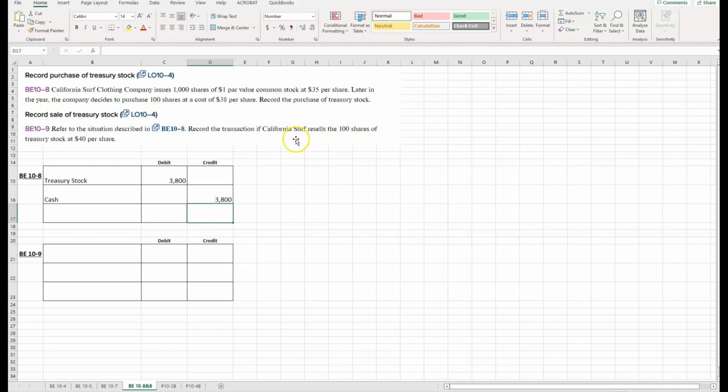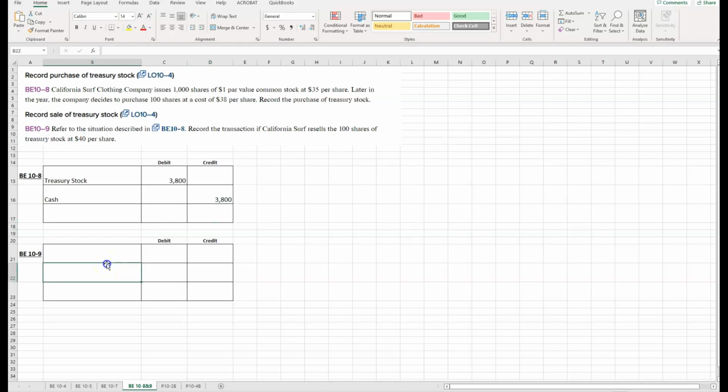When it becomes complicated is when they resell the 100 shares, but they sell it for more than they purchased it for. You can only take back out of the treasury stock account at the amount per share that you put it in at. If I put it in at $38 a share, I have to take it out at $38 a share.